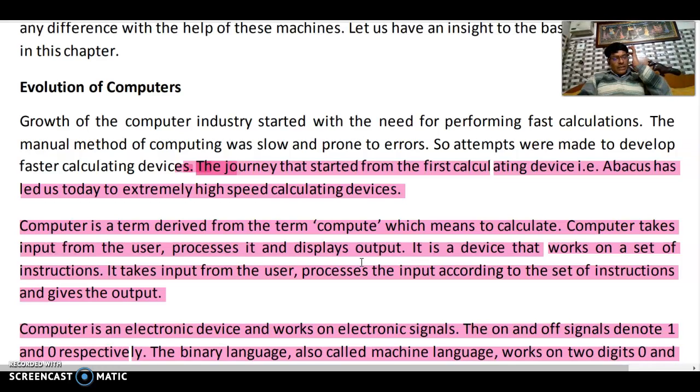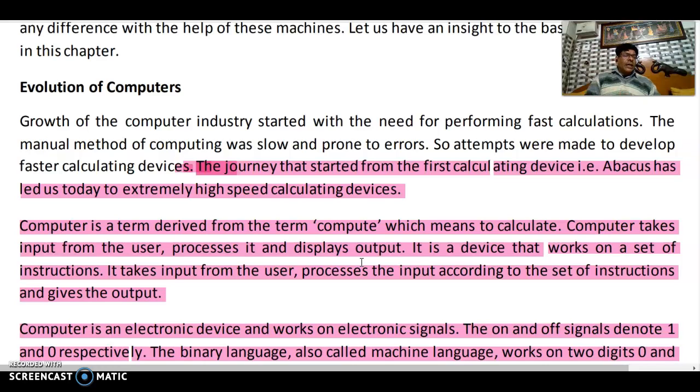Component wise also, the computer is divided. There are input devices, output devices, and processing devices. Input devices are like the keyboard and the mouse. For output devices you have the screen or the printer.